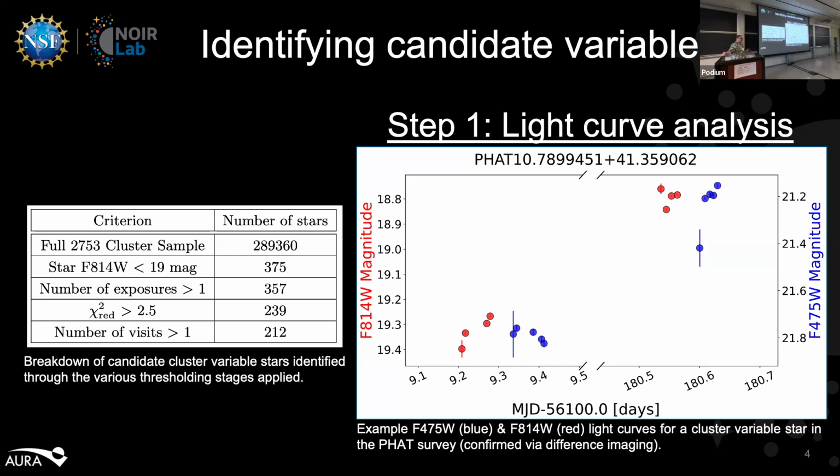So for Roman, whether it's a much broader survey, sort of a catch-all variable survey, then you'd have to account for much shorter variables, day timescales or shorter, as well as longer timescales. Or I think perhaps the best solution would be a targeted survey, for example, trying to detect Mira variables only, or Cepheid variables, rather than a catch-all, just to perhaps increase the chances of getting the proposal in and also producing the detections.